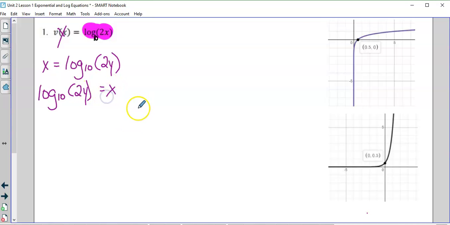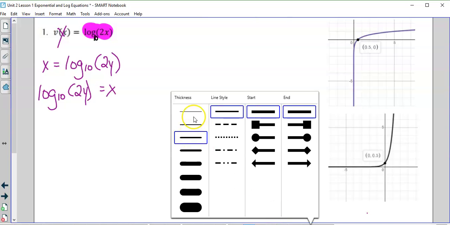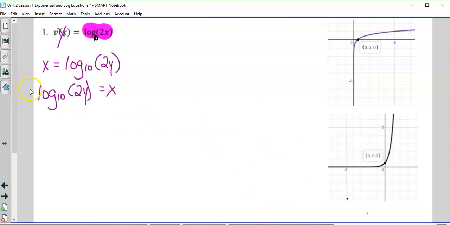Equals x. Now I'm going to rewrite it as an exponential statement. So the log word is going to go away. Since my graph is black here, I'm going to do it in black. If you remember what I did earlier, you take the base and you take it to this power. So 10 to the x power, and then it goes in a circle, equals 2y.